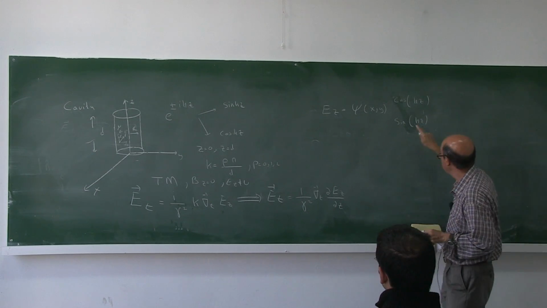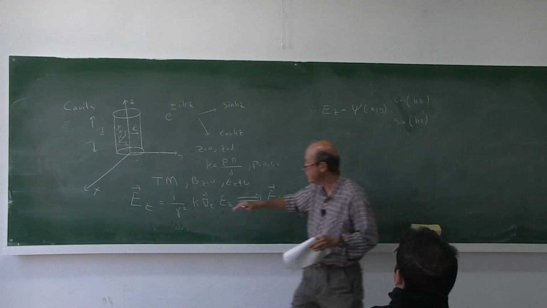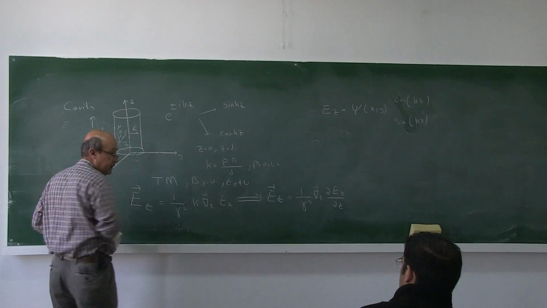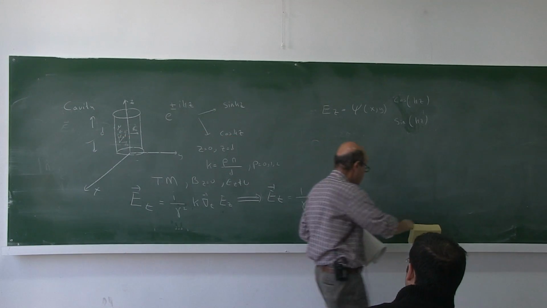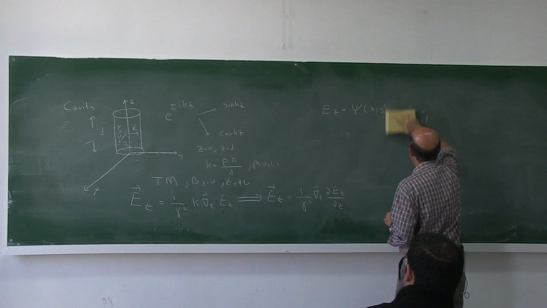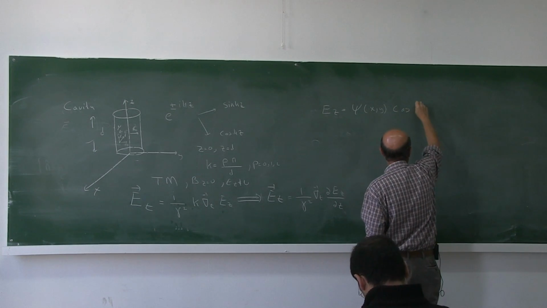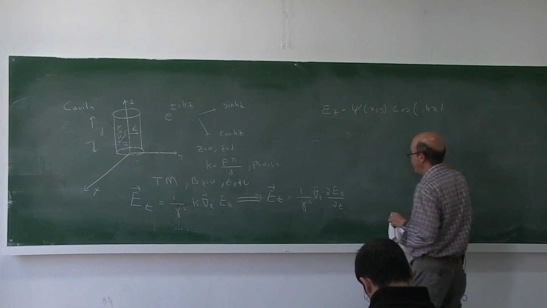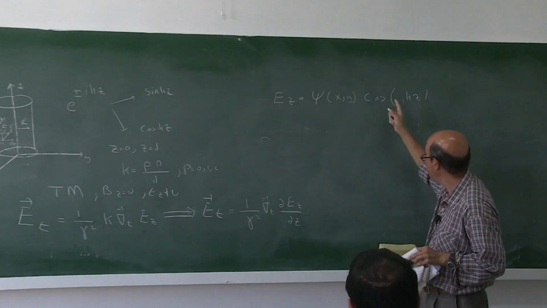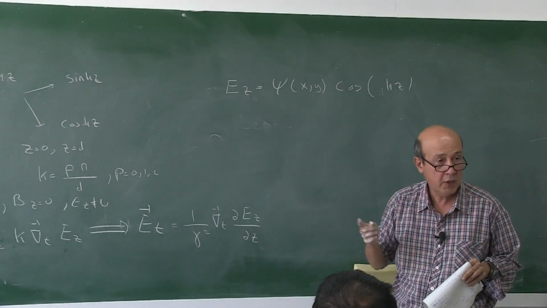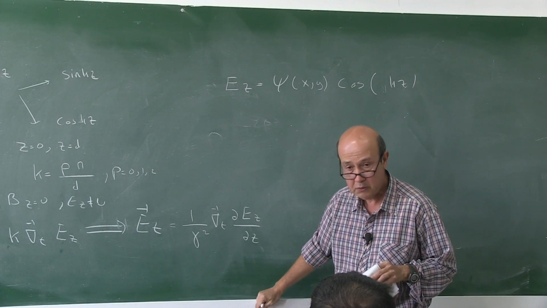What is the derivative of this? Cosine. Do you satisfy the boundary conditions at z equal to 0 and z equal to d? No. That is the tricky part. So you have to choose cosine kz. Then when you evaluate the transverse component, you will have sine kz, and then you have to satisfy the boundary at z equal to 0 and z equal to d.